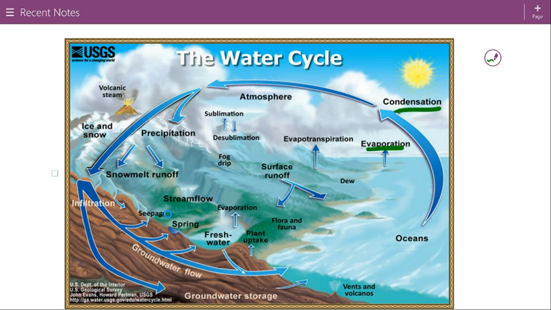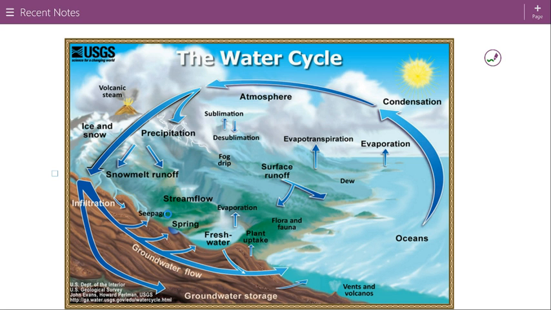As it rises, the surrounding air temperature decreases to a point where the energy that is in the water vapor is then released. The water vapor condenses, and we get all these clouds. In the meantime, the water vapor is just in the atmosphere.